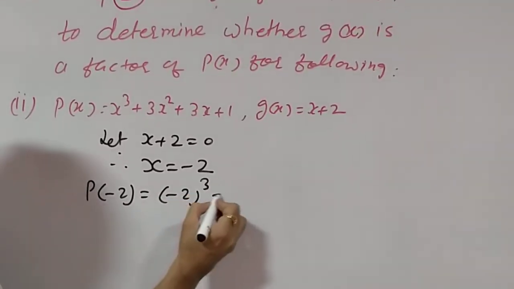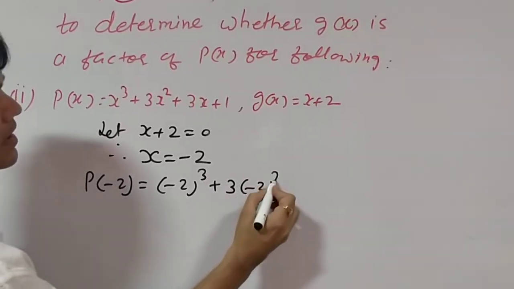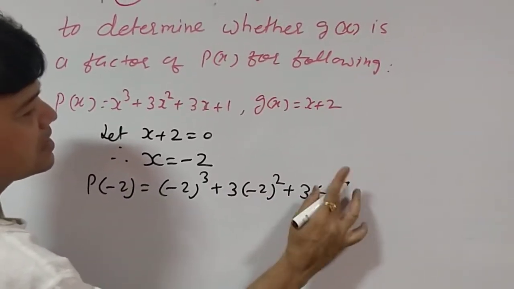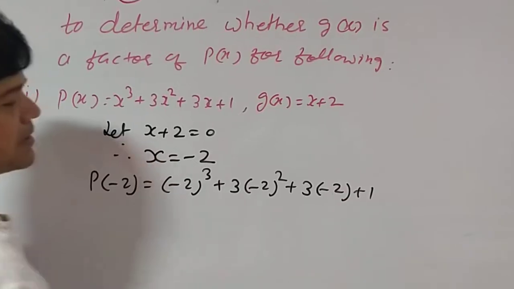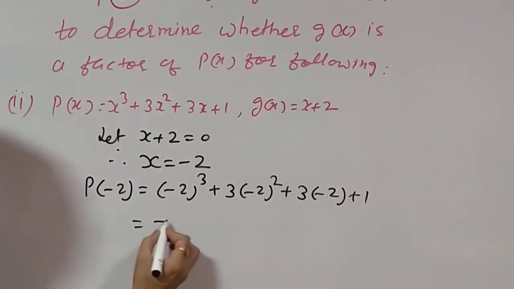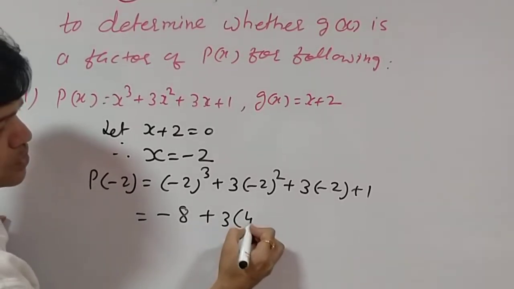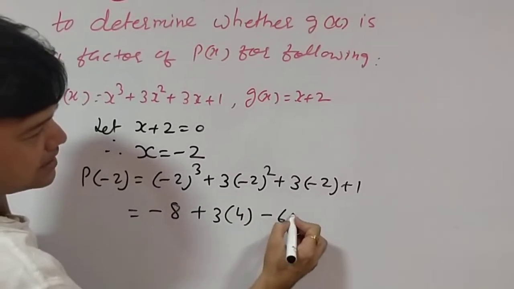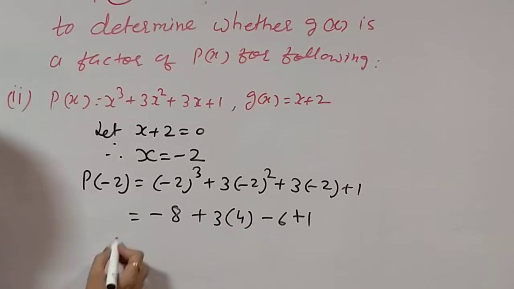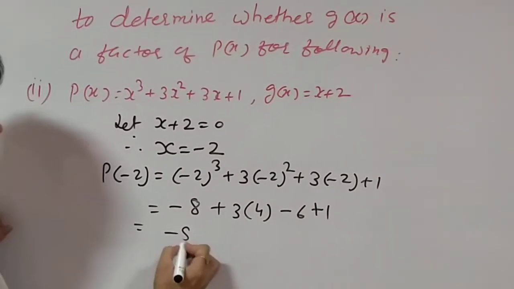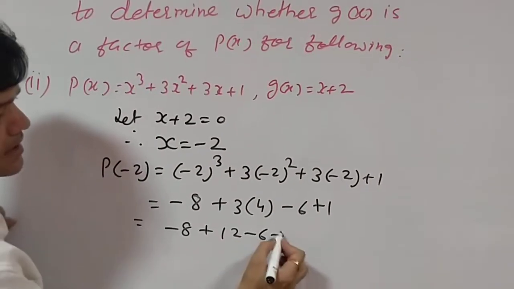Minus 2 cube, 3 into minus 2 square, 3 into minus 2 plus 1. Find the value of this. Minus 8. 3 into minus 2 square is plus 12. Minus 6 plus 1. Minus 8 plus 12 minus 6 plus 1.